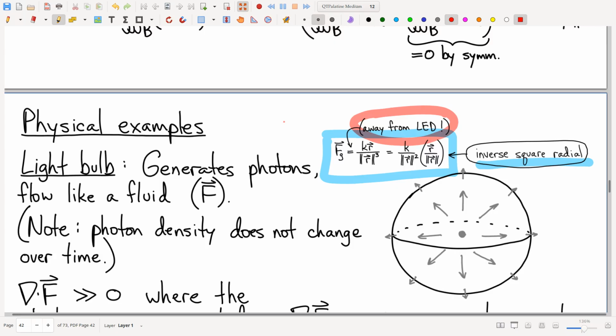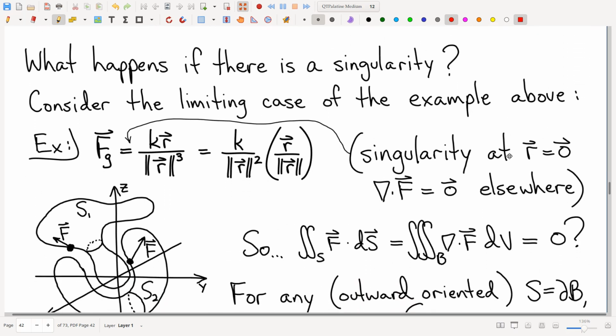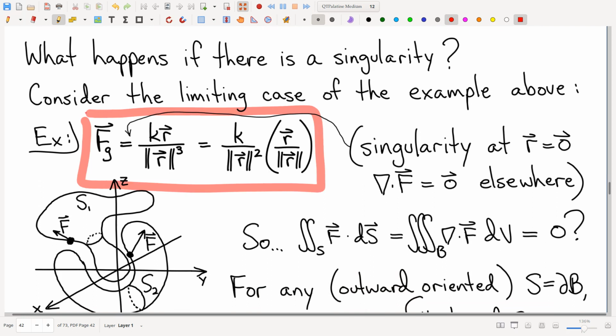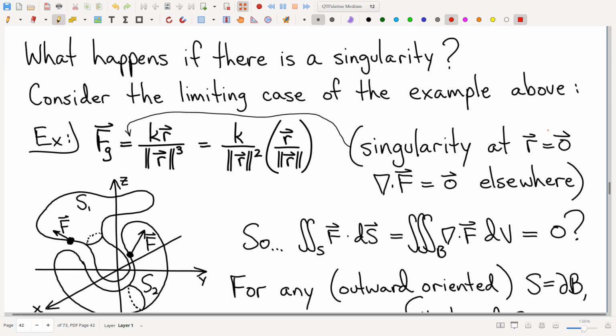Okay, so in the limit, imagine a technology allows us to make LEDs smaller and smaller and smaller, right? In the limit, and we're talking about this actual vector field, this vector field is defined everywhere except for the origin.